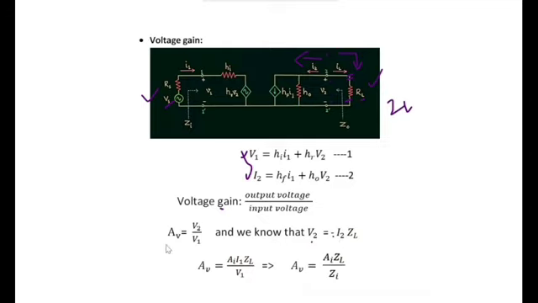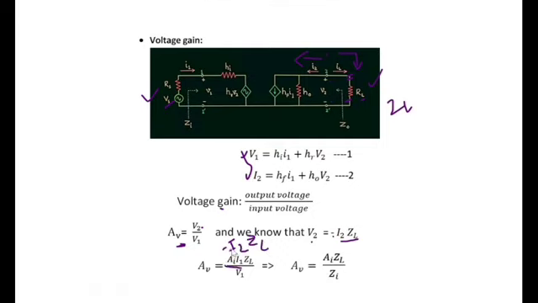So from this equation we have replaced V2 with minus I2 into ZL.